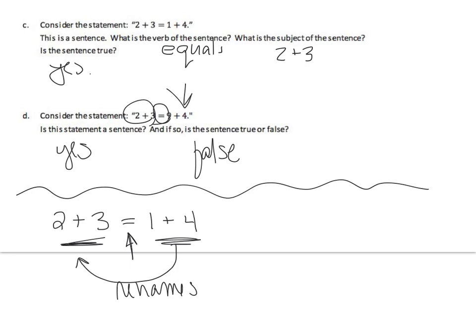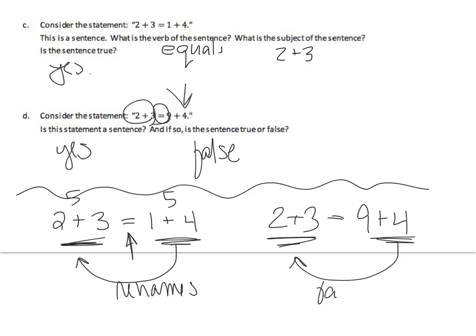We say that this is true because the two numerical expressions evaluate to the same numerical value, 5, right? And the last one, 2 plus 3 equals or is equal to 9 plus 4. This is also a grammatically correct sentence, but it's false because it's not a true statement. It doesn't rename the subject correctly.